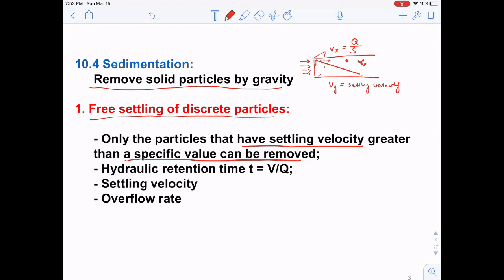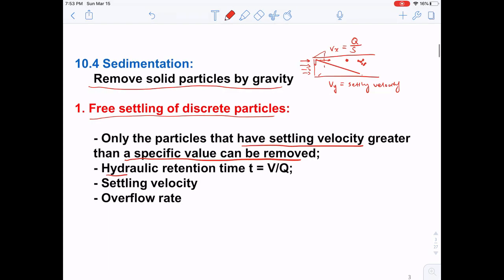So to find out what this velocity is, we need to further analyze the parameters in this sedimentation process. So we can define a time which is called the hydraulic retention time. That's just calculated by dividing the volume of the sedimentation basin. So typically these sedimentation basins will look like a rectangular shape, right?